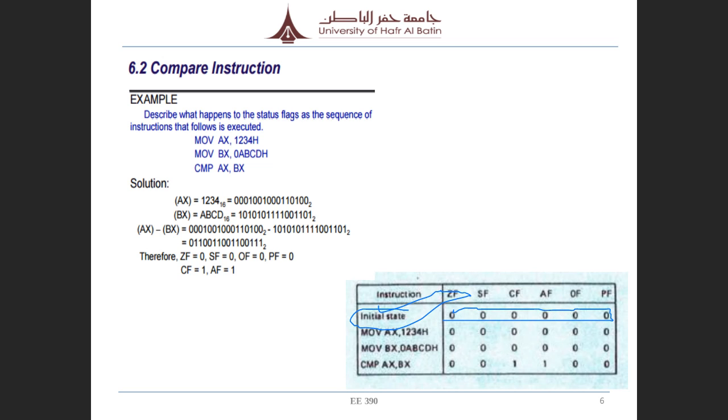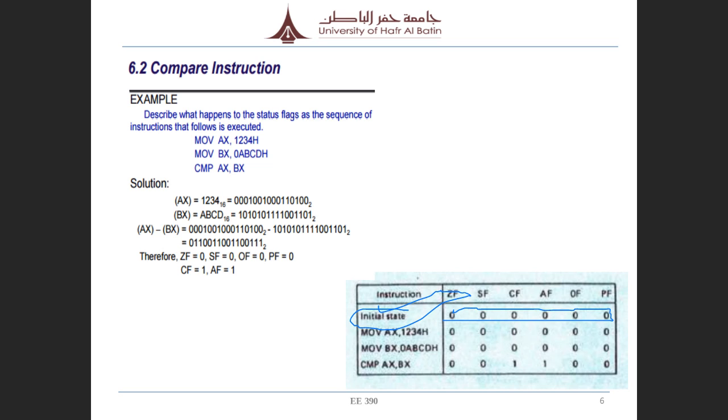Now if we have an instruction like move AX comma 1234, there is no arithmetic operation, no logical operation, so no change. Whatever they were, they are now the same. Move BX comma ABCD is also the same, but compare AX comma BX actually does the subtraction. That means it is an arithmetic operation. The flags are changed according to the result.